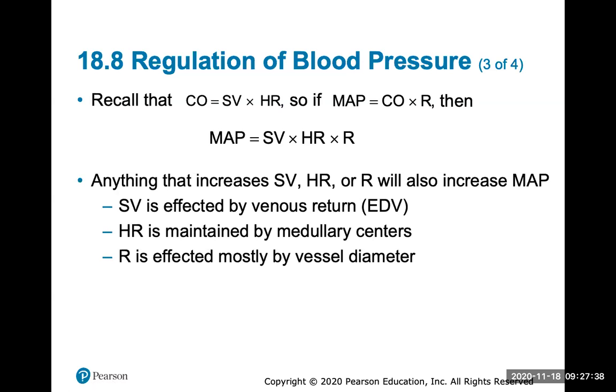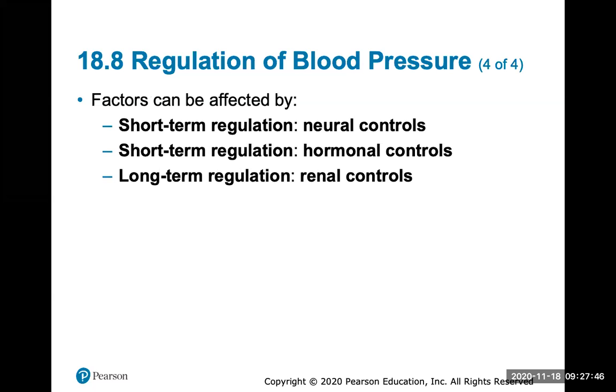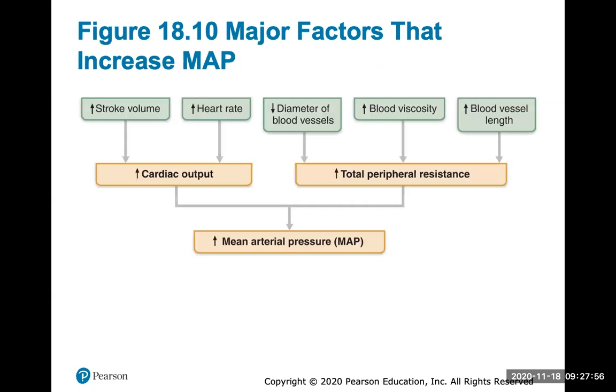So anything that increases stroke volume, heart rate, or peripheral resistance will also increase the mean arterial pressure. These factors can be affected by short-term regulation from the neural controls, the nervous system, short-term regulation by your hormones, or long-term regulation by your kidneys, your renal controls.